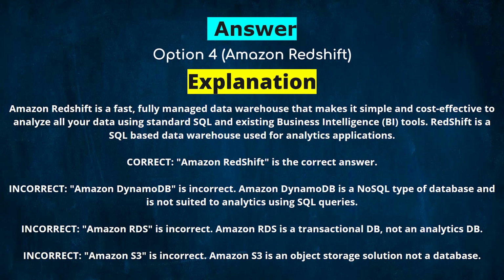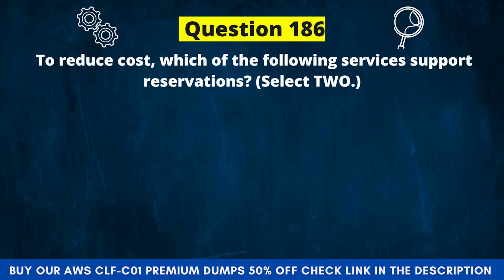Amazon DynamoDB is a NoSQL type of database and is not suited to analytics using SQL queries. Amazon RDS is incorrect. Amazon RDS is a transactional DB, not an analytics DB. Amazon S3 is incorrect. Amazon S3 is an object storage solution, not a database. Next question.